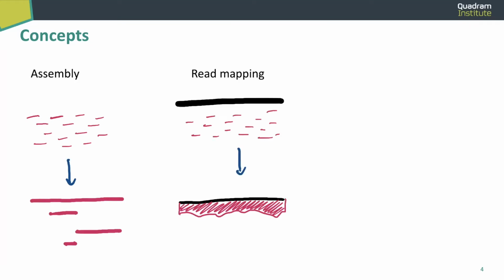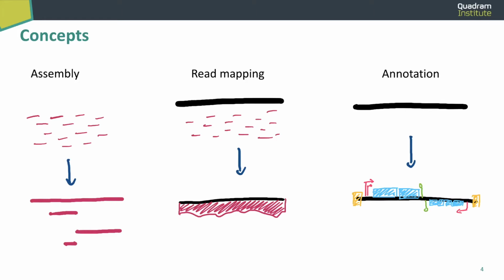Then you have read mapping, where you start with your contig in one file or your genome in one file, and your reads in another, and you come to a read mapping file or visualization, or we'll use another method today as well. And then there's the annotation, which again starts with your contig or your genome, and at the end you have this beautiful colored picture with all of your features in it.